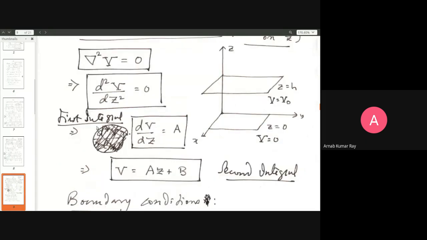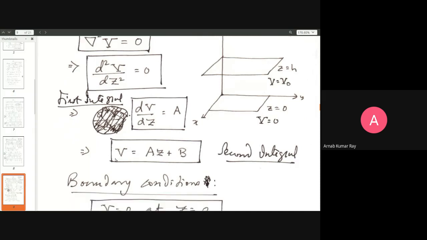As you will notice, there is the first integral. So step number 1, step number 2, the first integral is step number 3, which is dV/dz is a constant, capital A. Step number 4 is the second integral. V is Az plus B. As you can see, this is in the form of the equation of a straight line, y is equal to mx plus c.